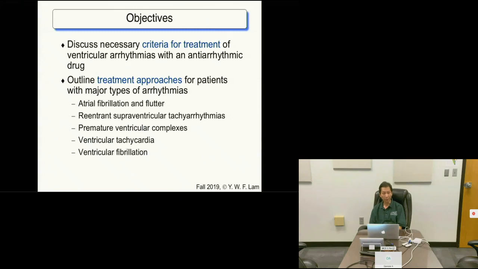Other than atrial fibrillation and flutter, some of the other different types of arrhythmia that we will briefly touch on include the reentrant supraventricular tachyarrhythmia, which primarily occurs in the atrioventricular node itself, premature ventricular complex, ventricular tachycardia, and ventricular fibrillation, kind of all lumped together, especially when we talk about the general treatment approaches, and again, what are some of the criteria that would dictate the use of a pharmacological management.